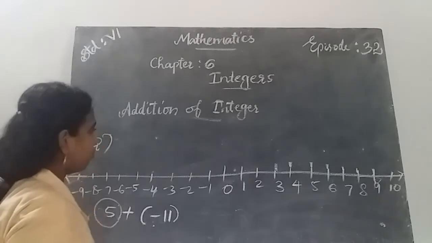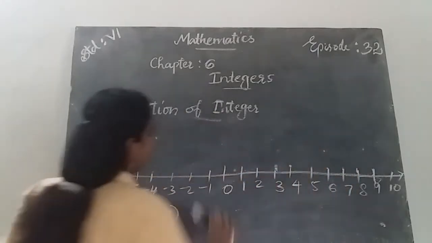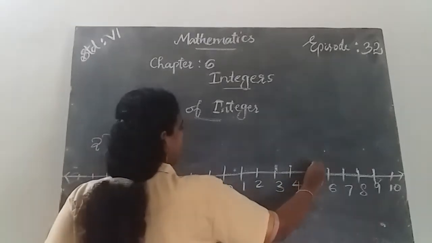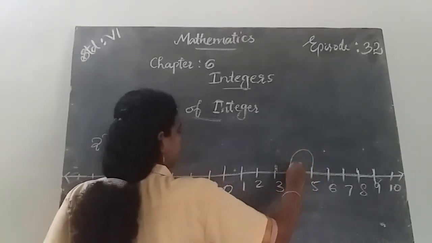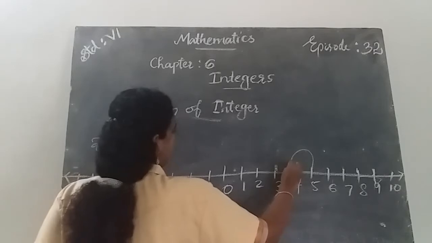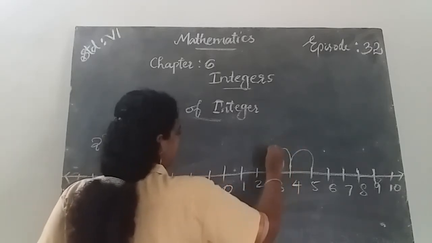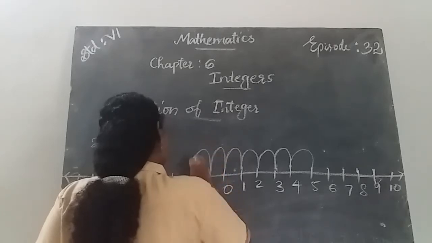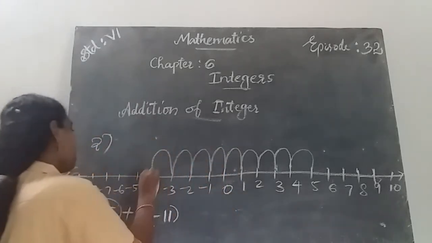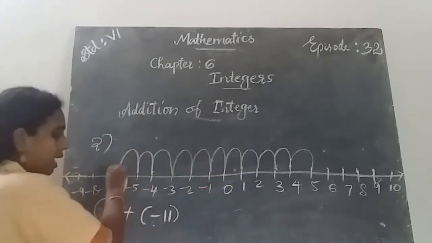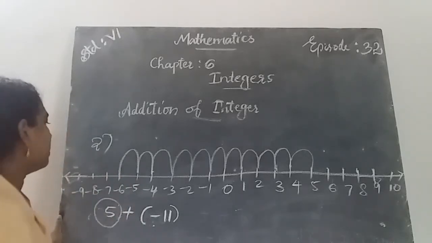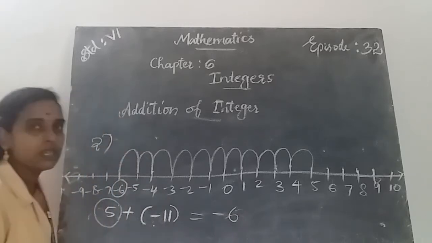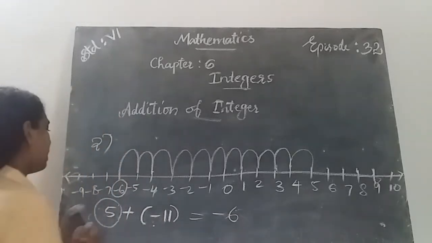So we move towards the left from positive 5. 1, 2, 3, 4, 5, 6, 7, 8, 9, 10, 11. Then we reach the point minus 6. So the answer is negative 6. Then the next question.